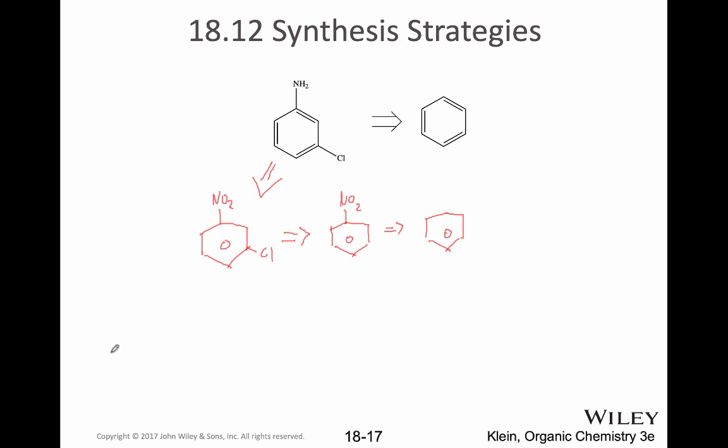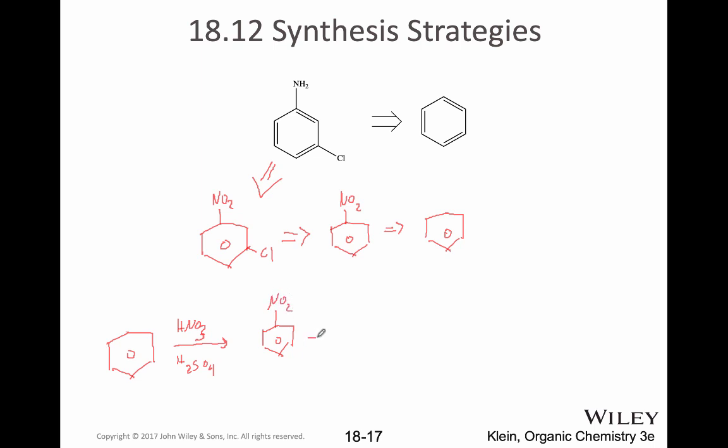Okay? So in the forward direction, I would start with benzene. I'm going to do the nitration. So sulfuric, so that should be a 3. I'm going to go ahead and change that into a 3. Sulfuric acid. That's going to put the nitro group on. Okay.